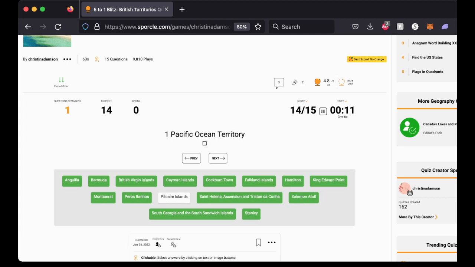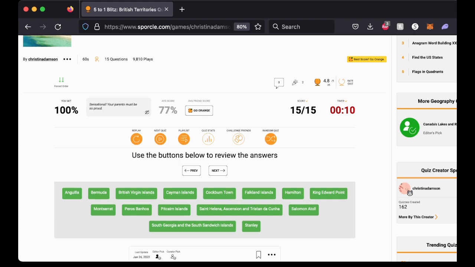And then the one Pacific would be the Pitcairn Islands. Okay, so we know our British overseas territories. I am surprised that the British Indian Ocean Territory didn't fit into this, but can't fit them all, I guess.